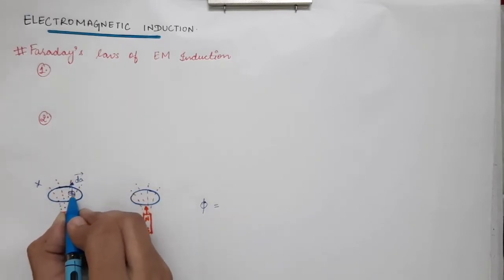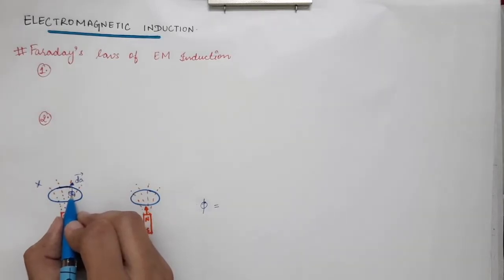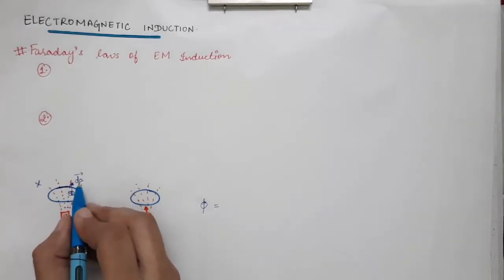The area of this small element is represented by dA, and since area is considered to be a vector quantity, it is represented by dA vector.